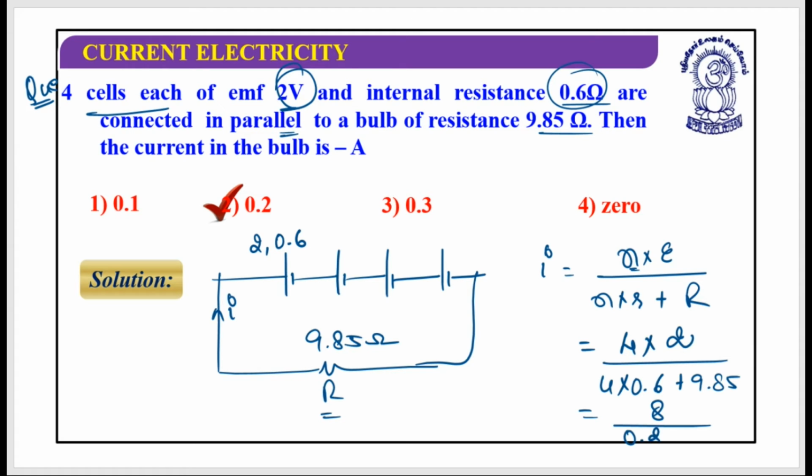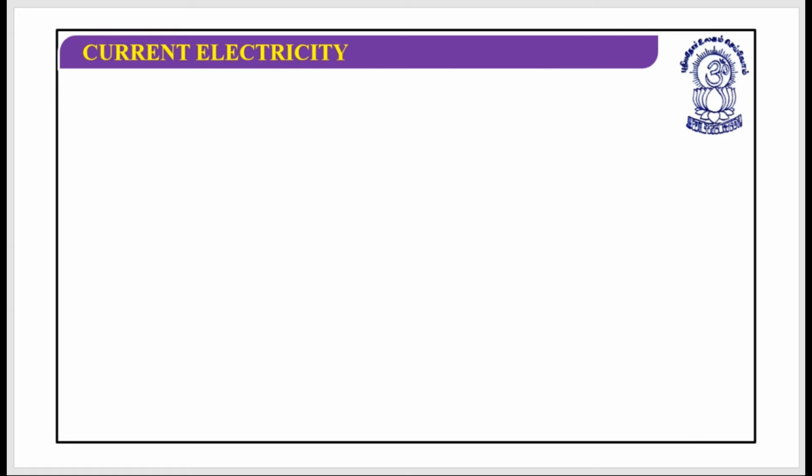It's 0.24 plus 9.85. Yes, this is 8 divided by 4 into 0.6 plus 9.85. So the current can be calculated as I equals 8 divided by 9.85 plus 0.24.